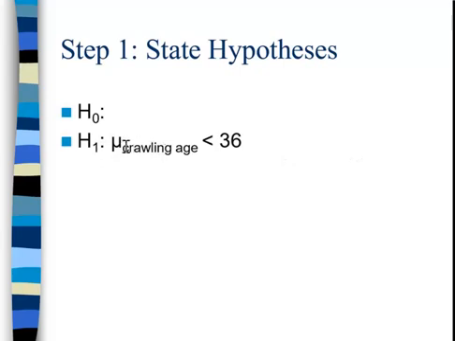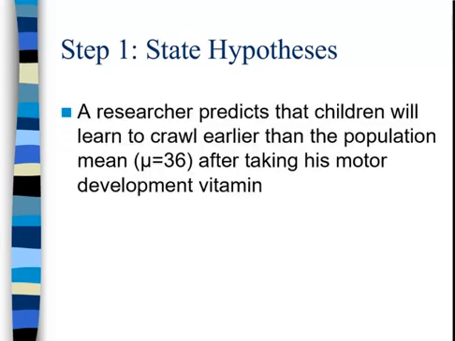So all this is saying is the alternative hypothesis is that our sample mean should be less than our population mean, which is 36, right? We came to the conclusion that the prediction embedded in the description of this scenario suggested that the sample mean for the researcher should be less than the population mean.